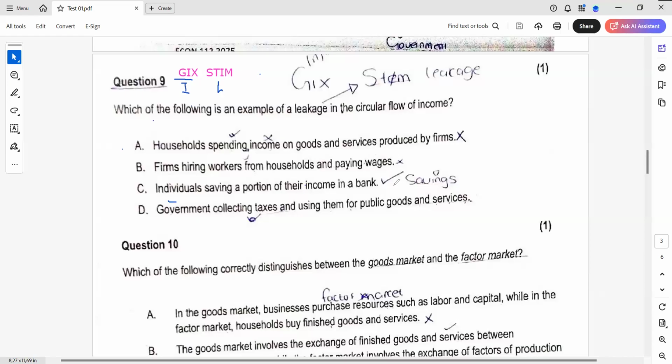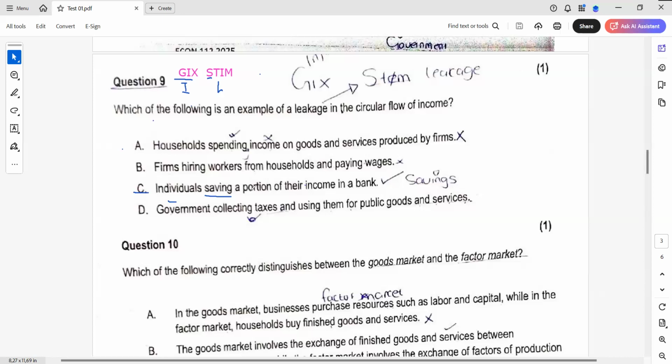I'm not sure about this one, but because I see saving, I'm going to think of JIGS and STEM. So where is S? S is here with STEM. So this one is a leakage, and the question wants me to identify leakages. So the correct answer here, I think, is C. Obviously, when we're saving money in the economy, it's like withdrawals.